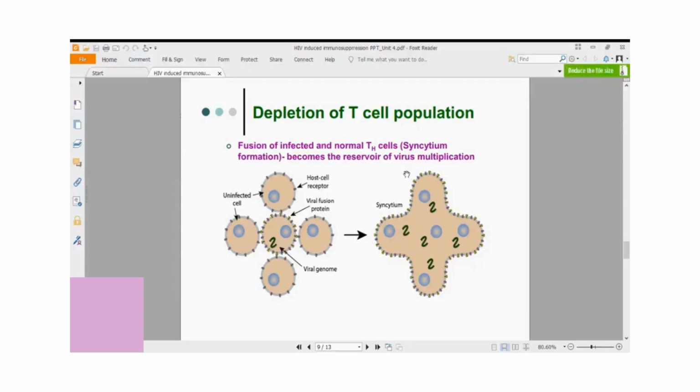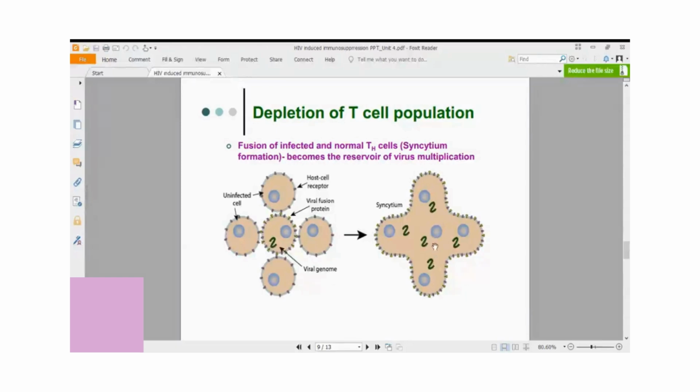Now imagine when the cell fuses its plasma membrane with the other cell, and because of the fusion, the cell will have more than one nucleus, and those nuclei are not separated by a septum or a membrane. They are all present in a group in a particular cell, and that is called a syncytium.